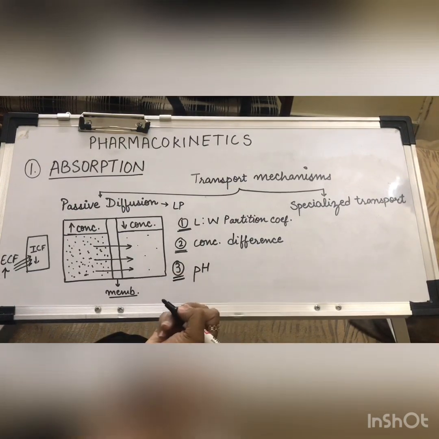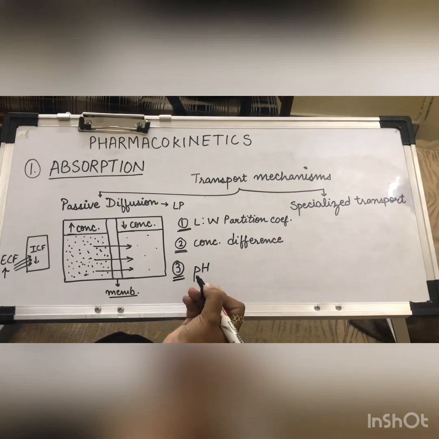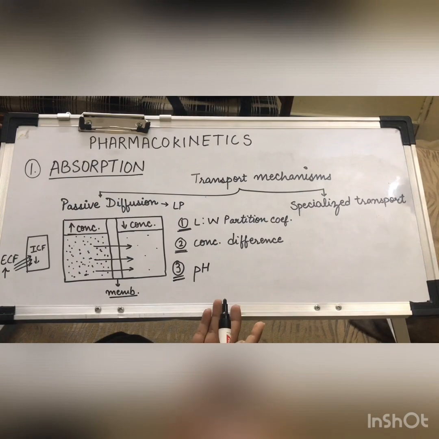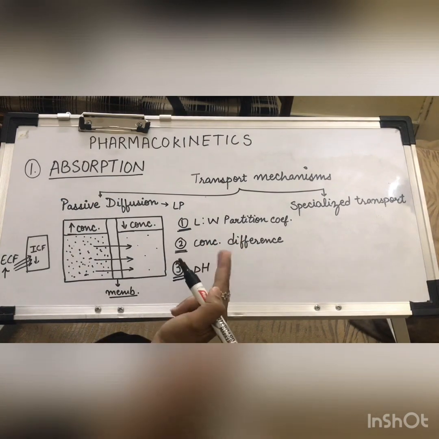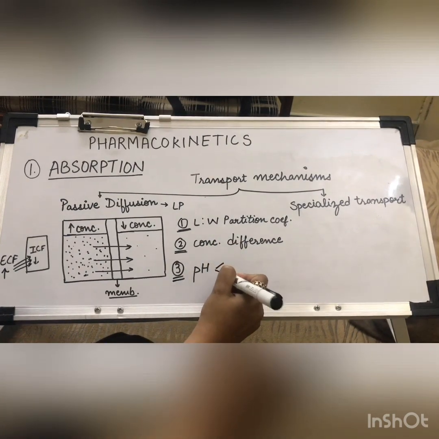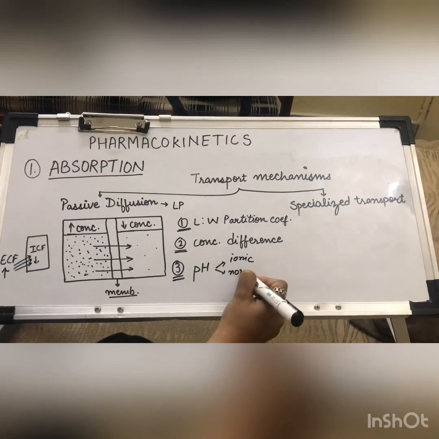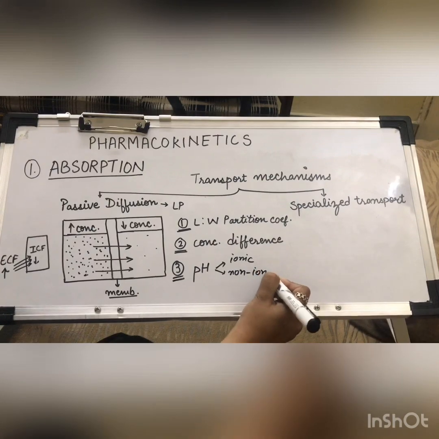Third is pH. pH, because most of the drugs are weak electrolytes and they are in two forms, ionic and non-ionic.